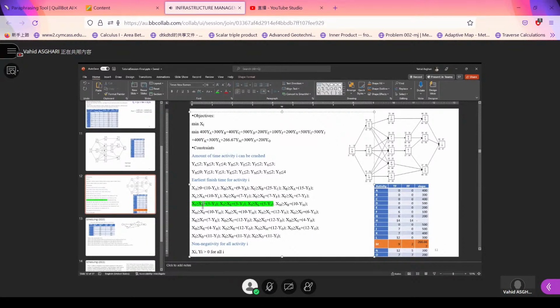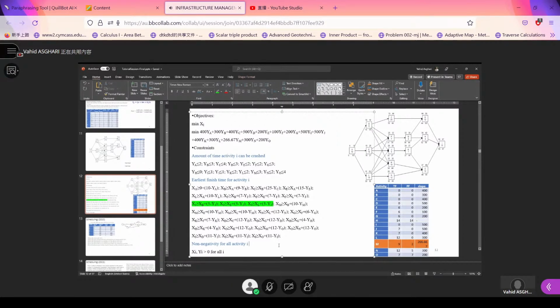X of B corresponds to the earliest finish time of activity B. Once activity B is finished, we can crash it for YJ days, and the whole earliest finish time will be equal to earliest finish time of the previous activity plus the duration minus the crash days.